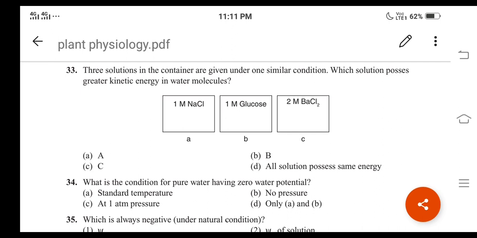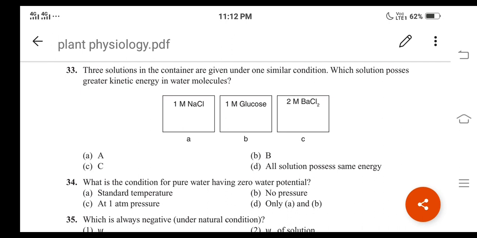The molecular formula for glucose is C6H12O6. Because the energy is stored in chemical bonds, and there are more bonds in glucose when compared to the water molecule, because of this reason option B becomes the correct answer.